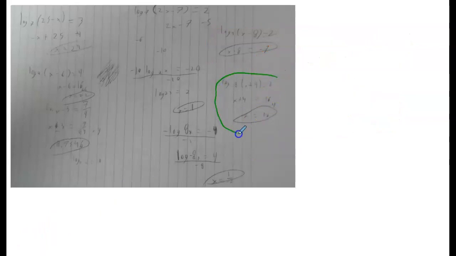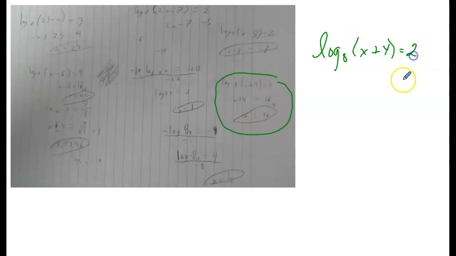And then the last problem, we have a log base 8 of the quantity x plus 4 equals 2. And we're going to exponentiate both sides with a base of 8. And x plus 4 then is equal to 8 squared, which is 64, not 16.